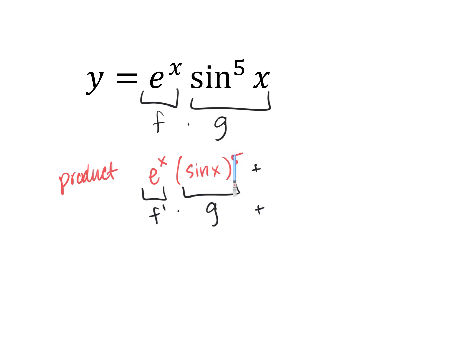Exactly. You said I got an outer and an inner, so now I got to do some chain rule. And he said the derivative of the outer is 5, leave the inner, take that exponent down by 1. That's the derivative of the outer. We left the inner. We got to multiply it by the derivative of the inner, which is cosine. This right here was the chain rule and g prime.